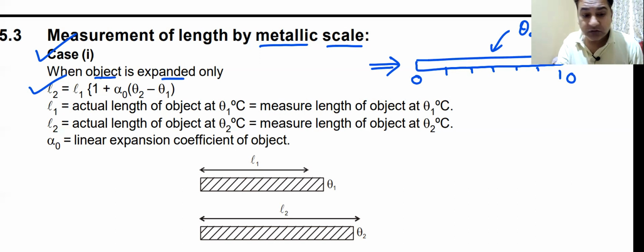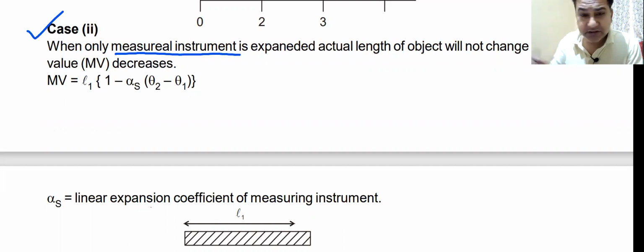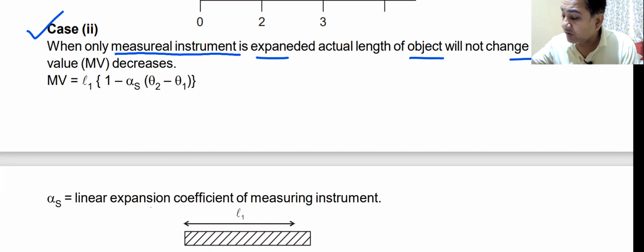Let us go further. Now, what will be case number 2? Tell me, what will be case number 2? Yes, case number 2 would be the measuring instrument or the scale expands, but the object does not expand.